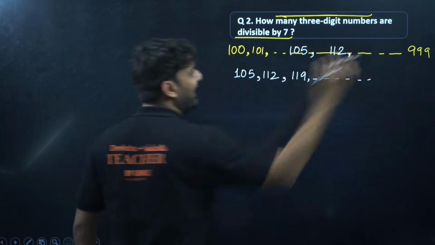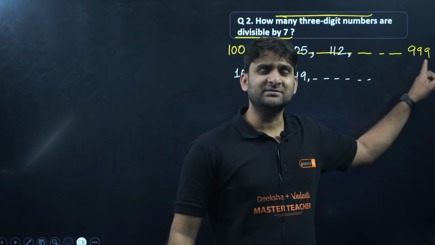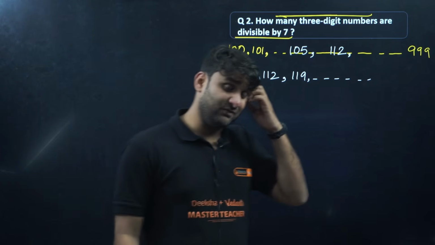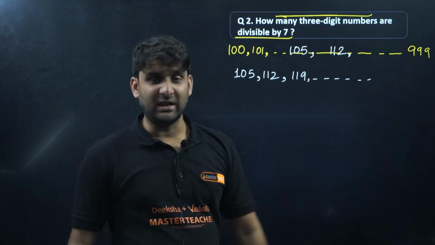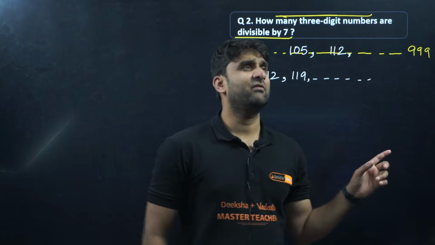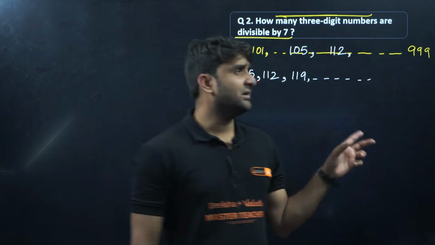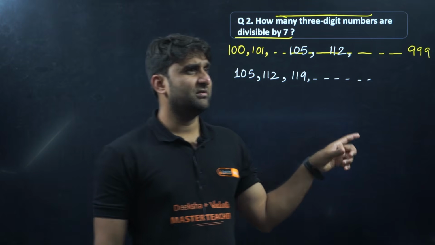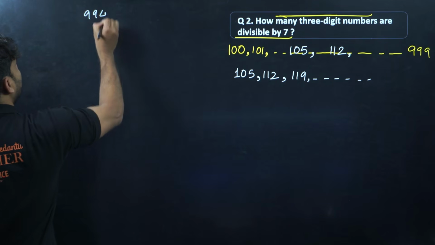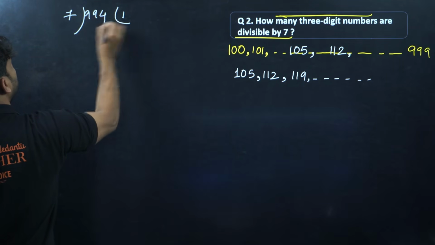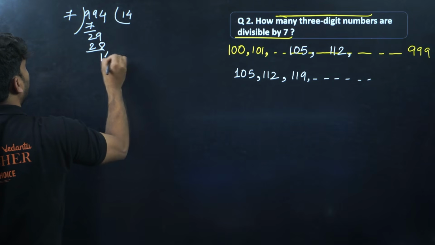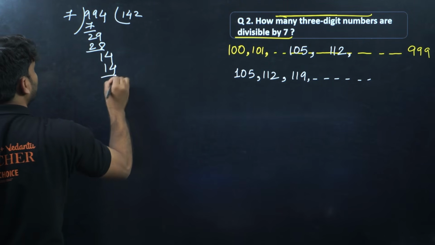Now let's check at the end. 999, can this number be divided by 7? No, can't be divided. At the end we are getting 9, and 9 never comes in the table of 7. So check 995, no. 994, yes, it can be divided. 7 142s are 994.